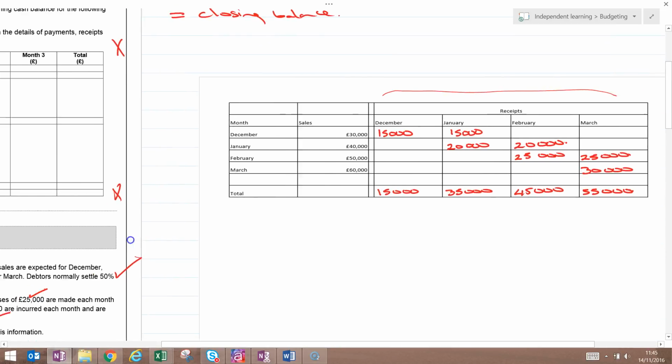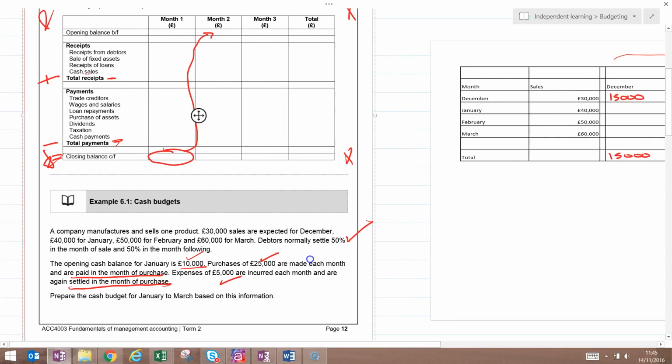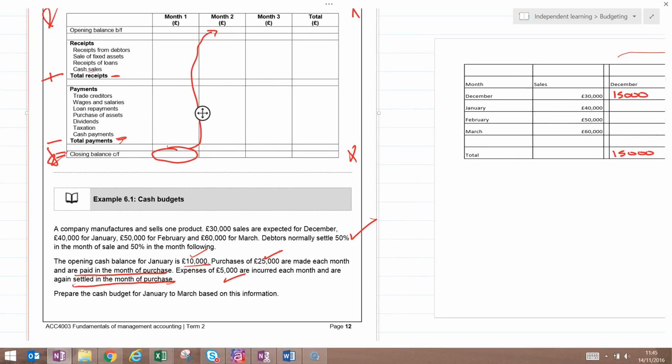Many questions will give you a figure for depreciation. Now, remember, depreciation is an adjustment. You don't actually pay depreciation. You don't get an invoice asking you for £5,000 worth of depreciation to be paid in 30 days' time. It is an adjustment only, a non-cash expense, and therefore depreciation should not appear in your cash budget.